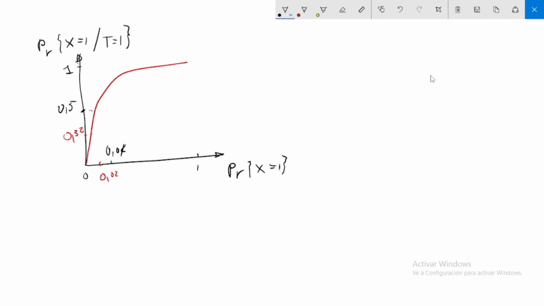So it's interesting to notice that just a small number like 0.02 or 0.01, for example, can change the result of our posterior probability.